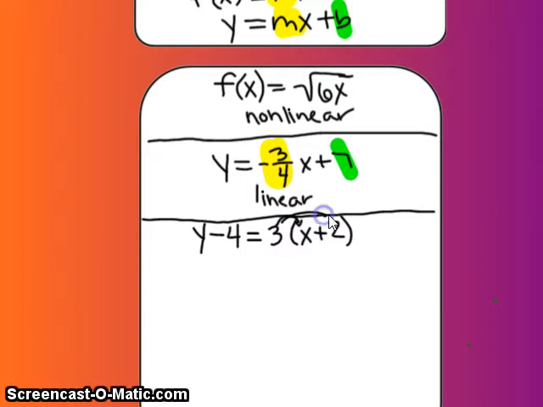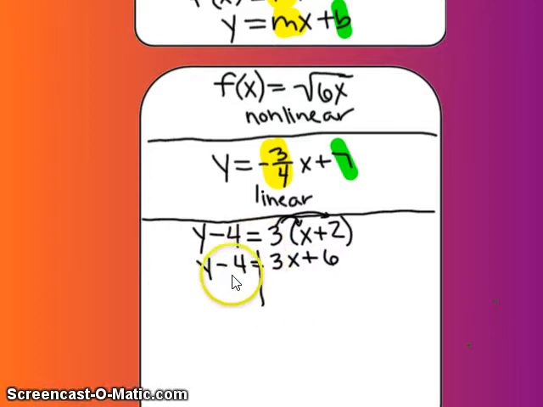So we get y minus 4 equals 3 times x, which is 3x, plus 3 times 2, which is 6. Now we want to get rid of that subtracting 4, so I'll draw my line down the middle. I add 4 to both sides.